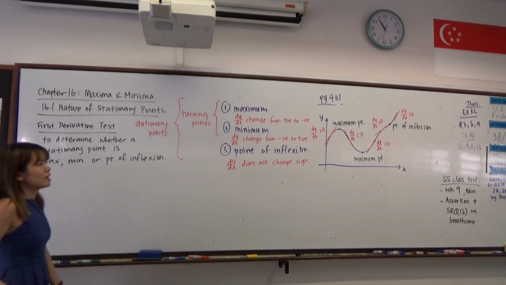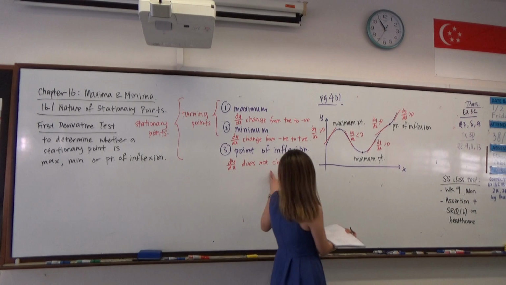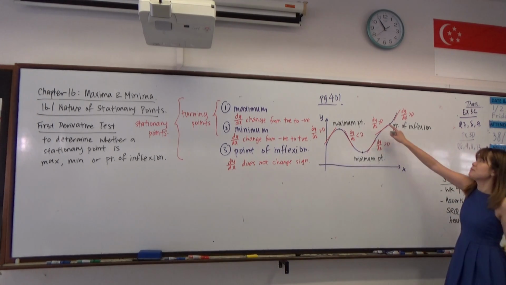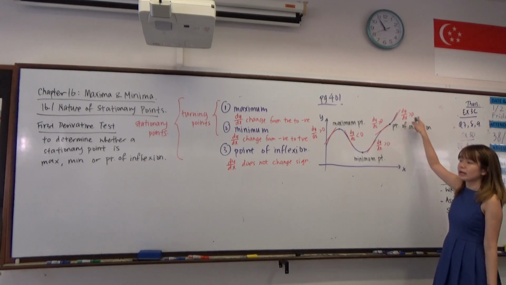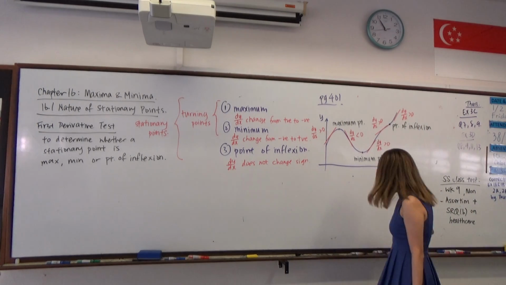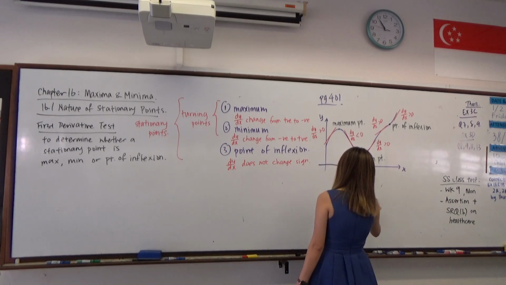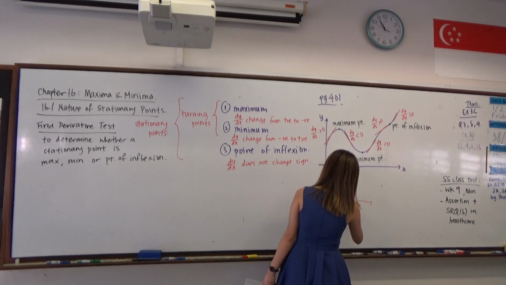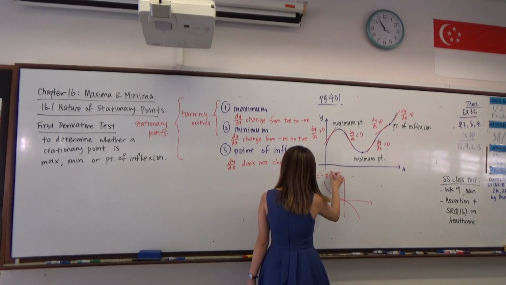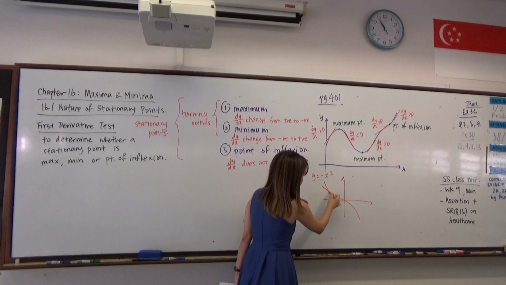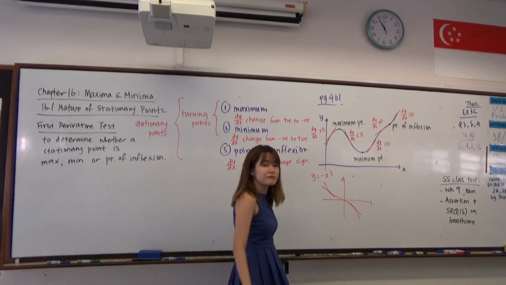Take note that point of inflection just says that the derivative has no change in sign. It could be both positive or both negative, because you can also have your negative cubic curve like that. So there's still a point of inflection here, just that in this case the derivative is negative.